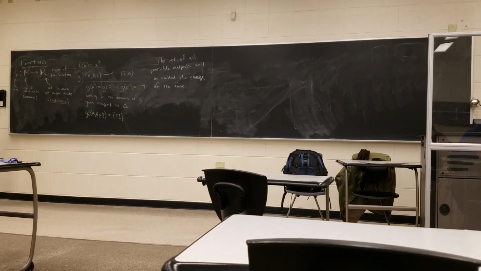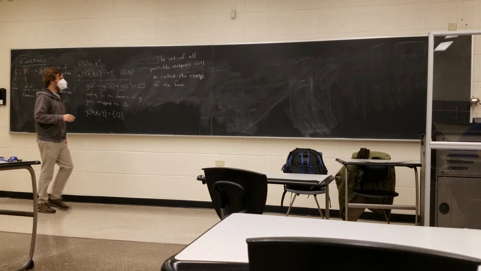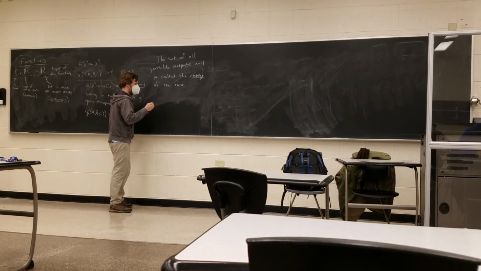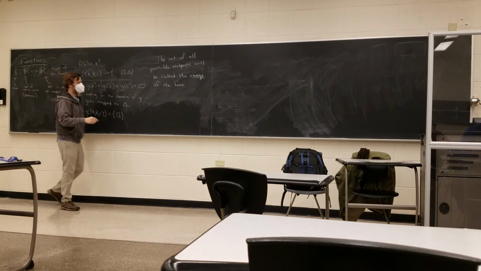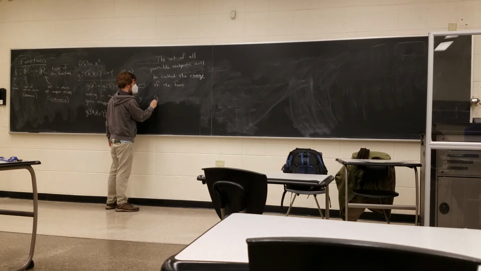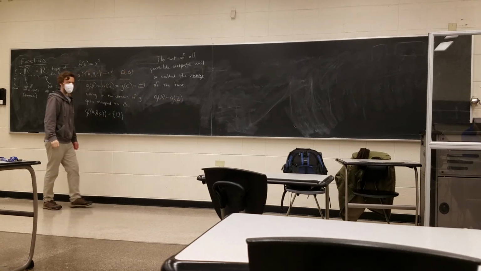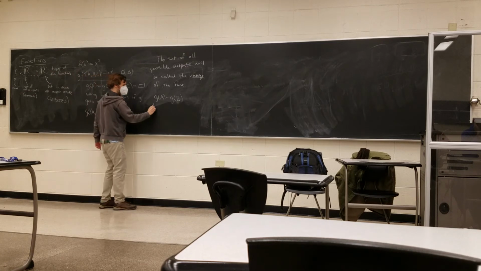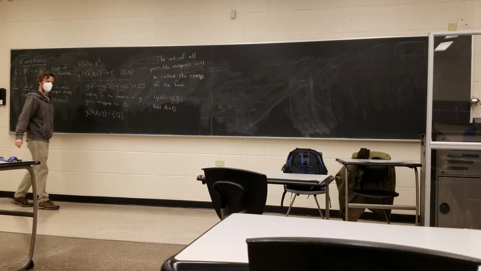So this is going a little bit beyond what the book talks about, but it's useful to know these terms anyway. So let's say this function has the property that G of A equals G of B. It maps A and B to the same thing, but A is not equal to B.